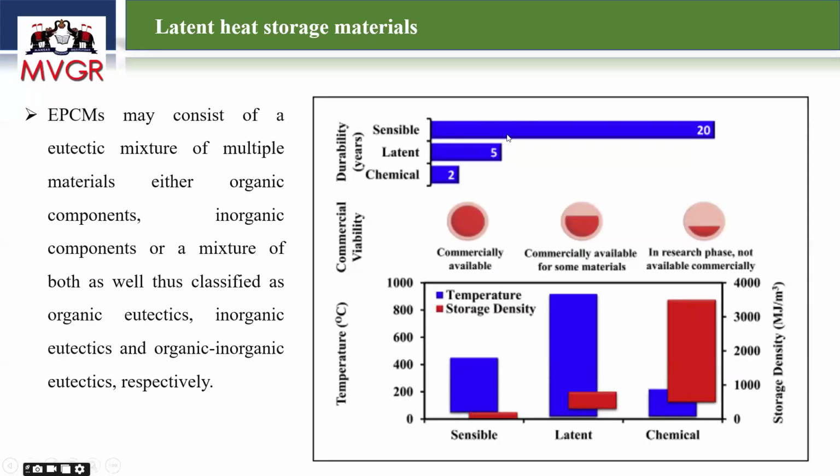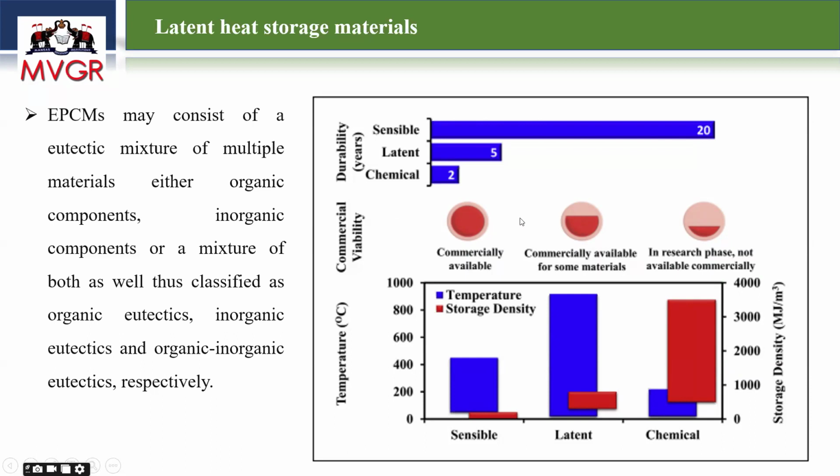Compared to that, in terms of durability, the sensible heat storage system has more lifespan, around 20 years. If you take the latent heat storage material, the durability is around 5 years, and the chemical energy storage system has a very short span of time.